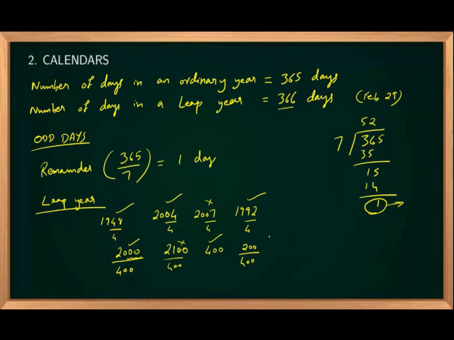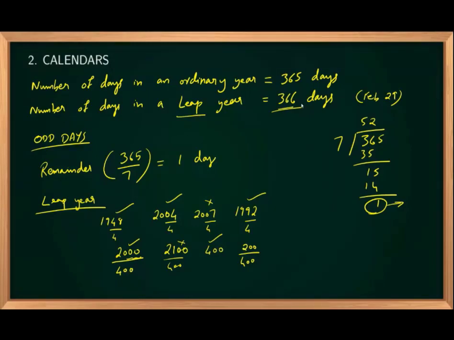So, just a quick revision. First, the number of days in an ordinary year is 365 days. For a leap year, it is 366 days. Then the concept of odd days: odd days means the remainder when the given number of days is divided by 7. A leap year occurs once in 4 years. To find whether a given year is a leap year, for ordinary years, divide the last two digits by 4.